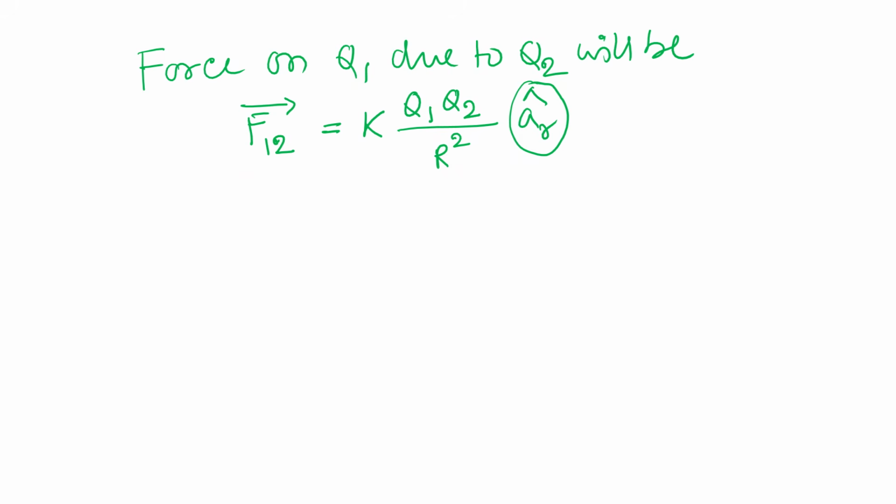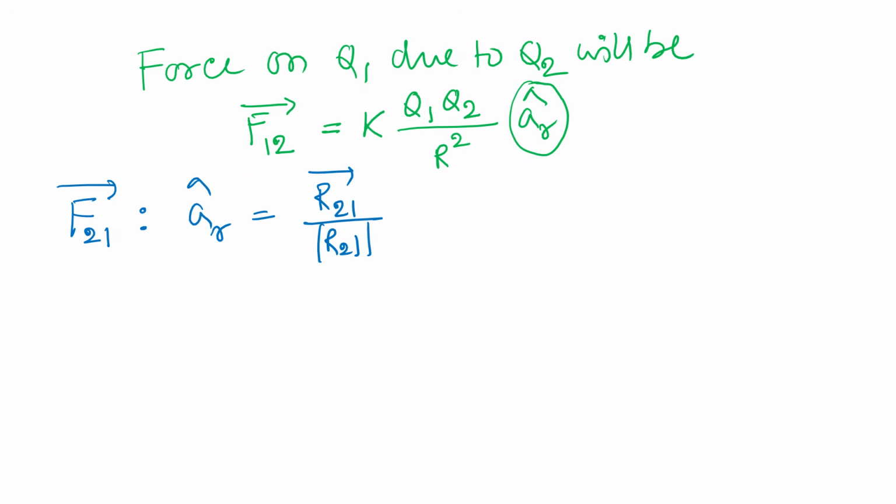In case of F21, this unit vector r cap represents r21 vector divided by mod r21.